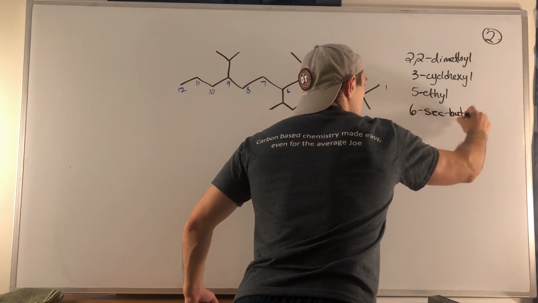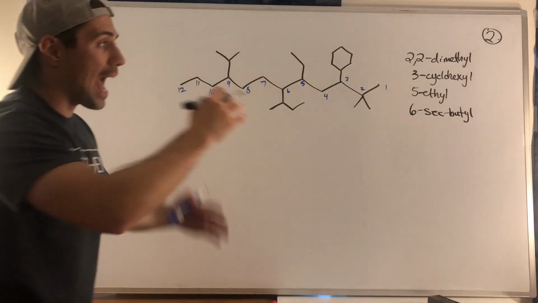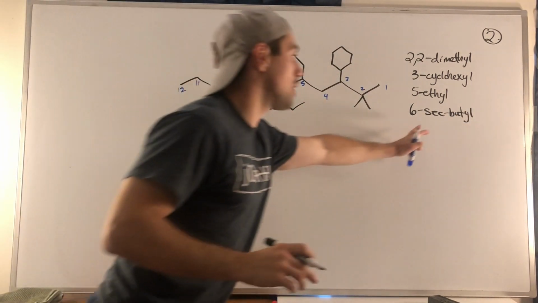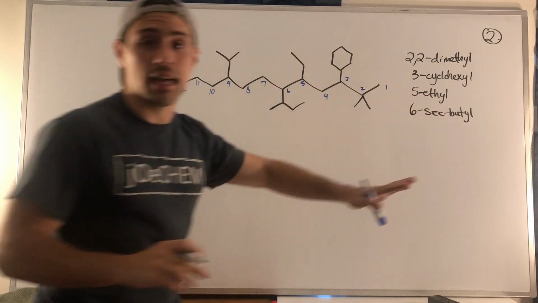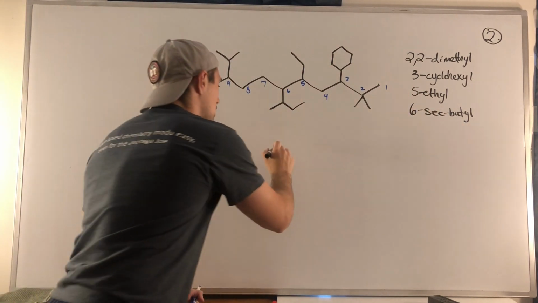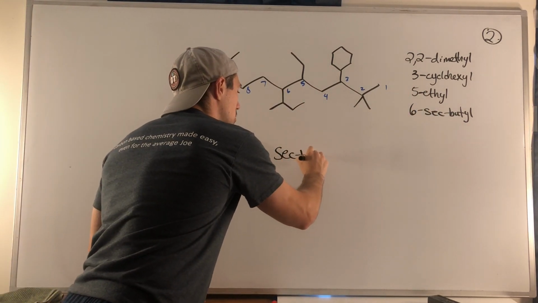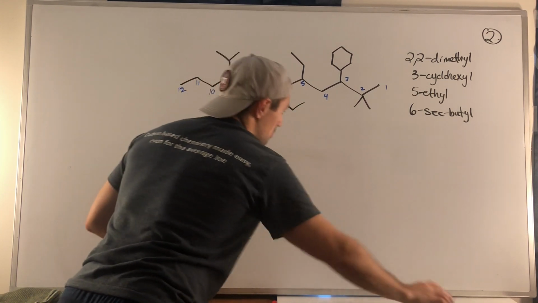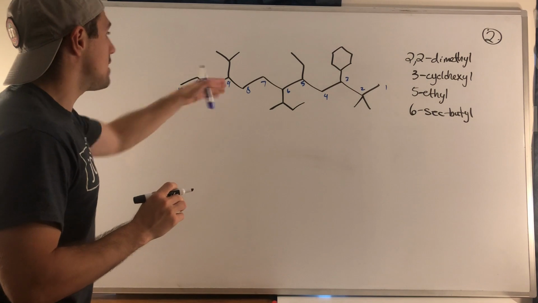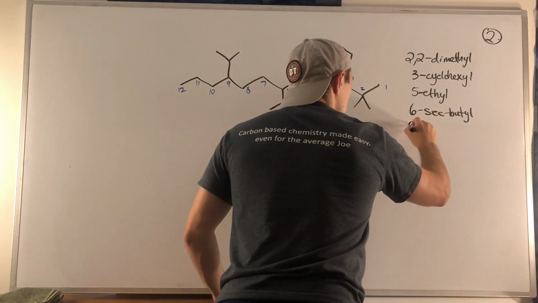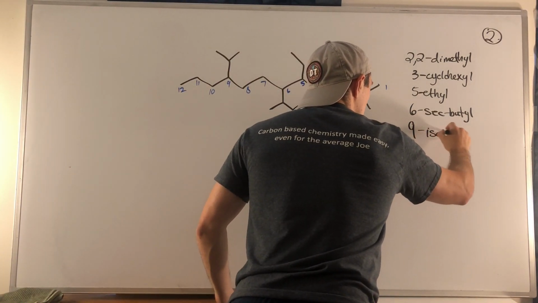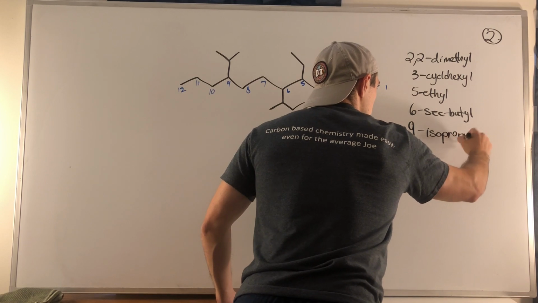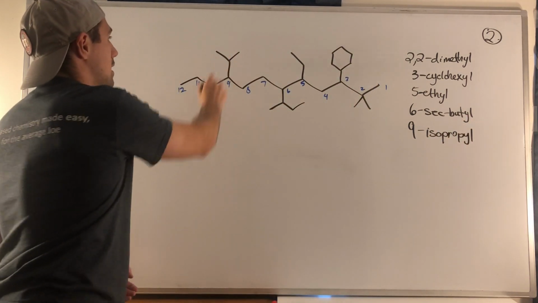So that's right. You do sec and then -butyl, and that's the only time you're going to do a hyphen like that between letters, because even when we named regular things, it was always sec-butyl or t-butyl. So don't be confused by that. And then 9, again, common naming, showing us why we put in that hard work. That's an isopropyl, because there's 3 carbons, right? 1, 2, 3 in the middle.